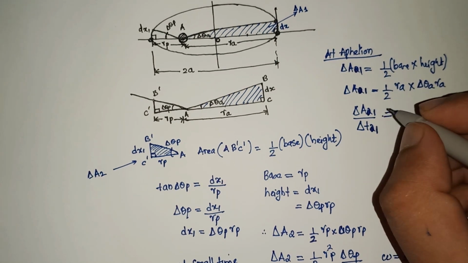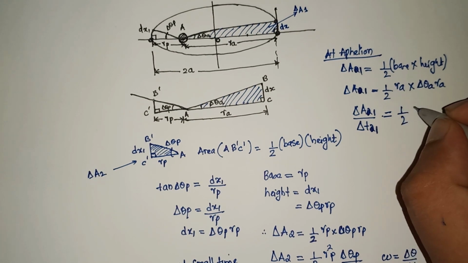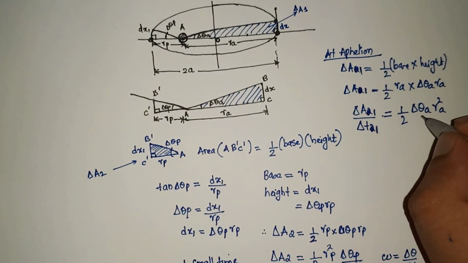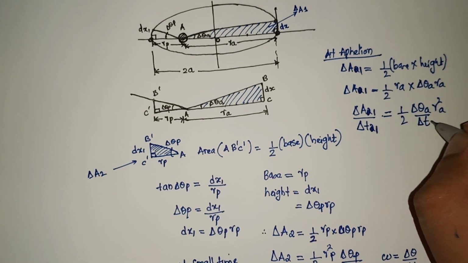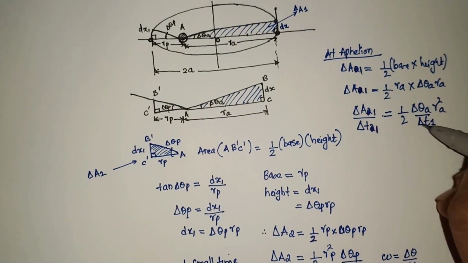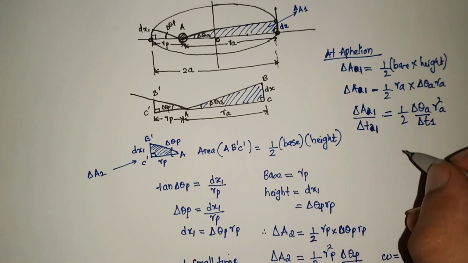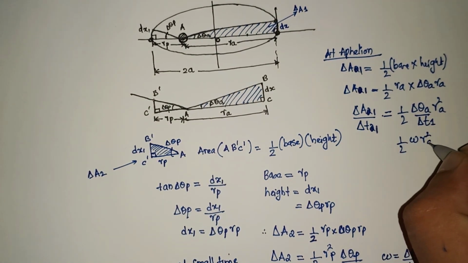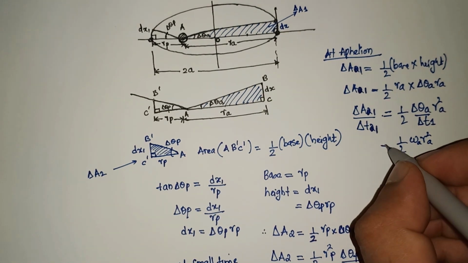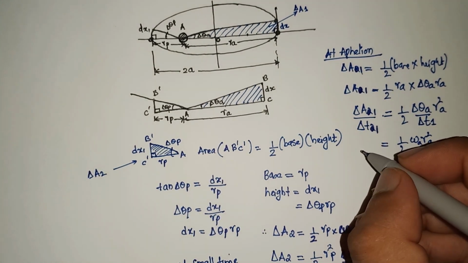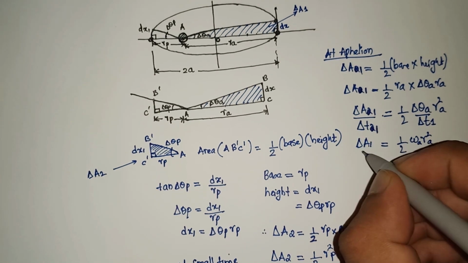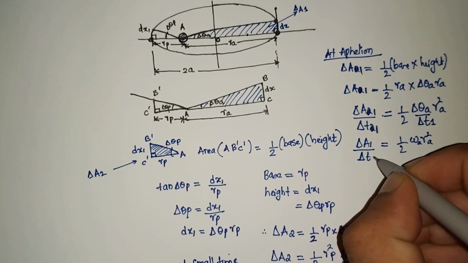So delta a1 by t1 is equal to half into delta theta a into r square a. Again we have a small time interval t1 here. So delta a by t1 is nothing but half times omega into r square a. This is happening at the aphelion, so that means equal to delta a1 divided by delta t1.